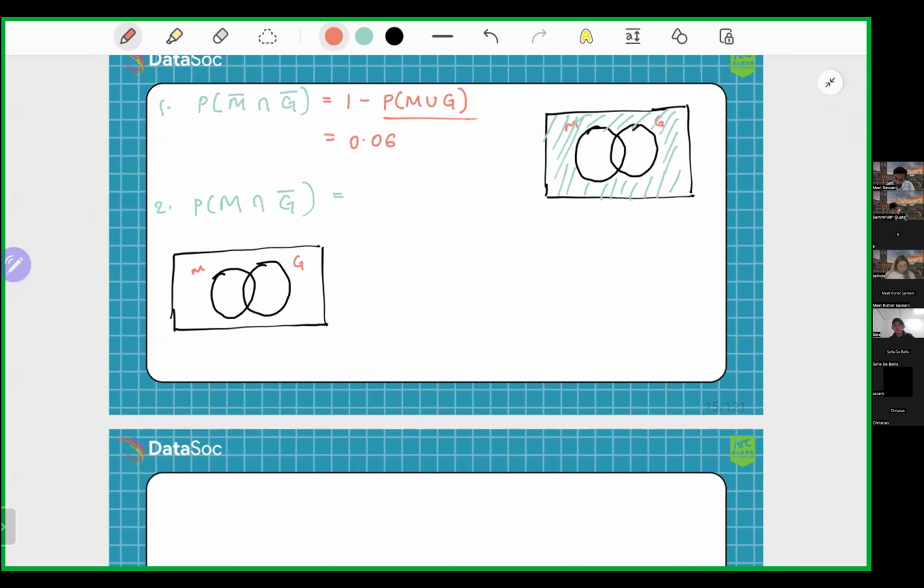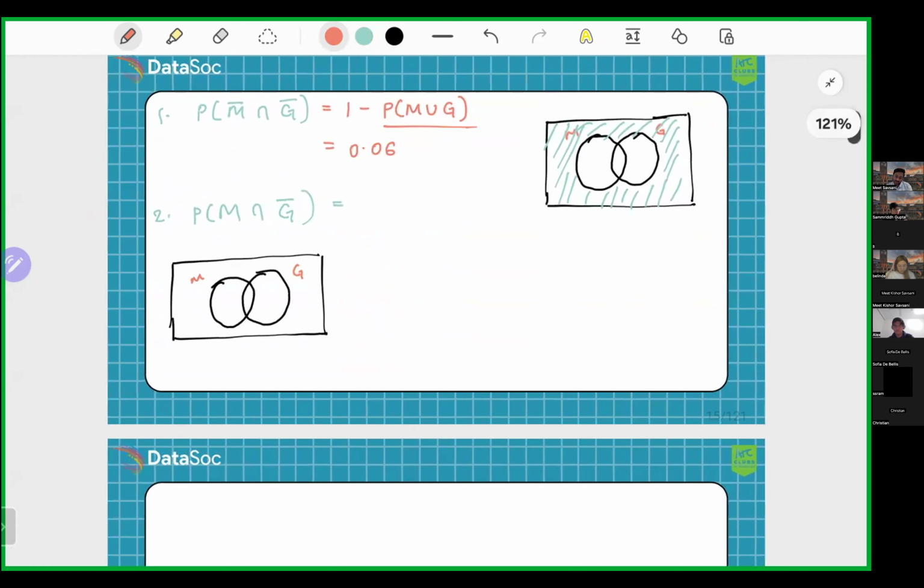That's M, that's G. So M intersection G complement. We know G complement is all this, and this is also in fact the M intersection G complement. So how will you write this?